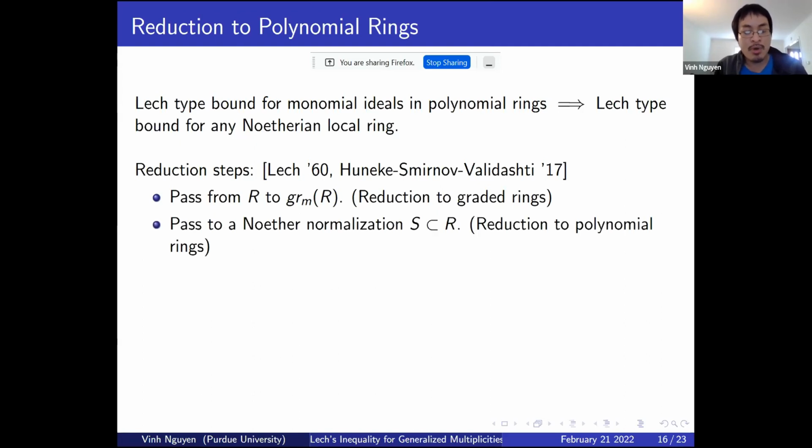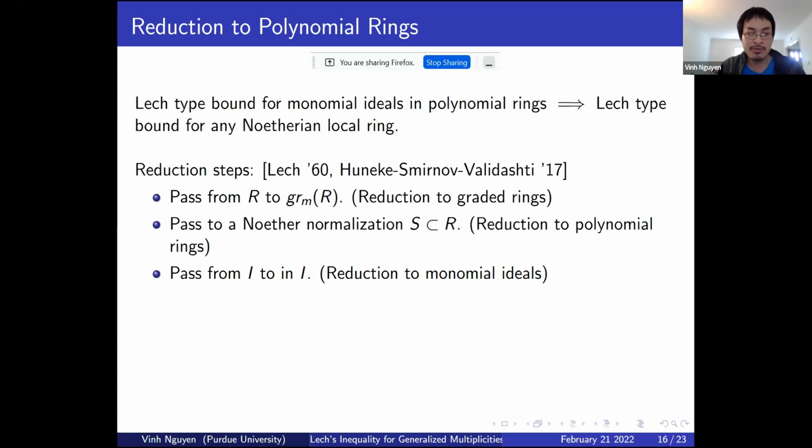Then when we're in the graded case, we can pass to a Noetherian normalization S, which is going to be a polynomial ring. So this is a reduction to the polynomial ring case. And then finally, once we're in the polynomial ring case, we can pass from I to the initial ideal of I, and this reduces us to the monomial ideal case.